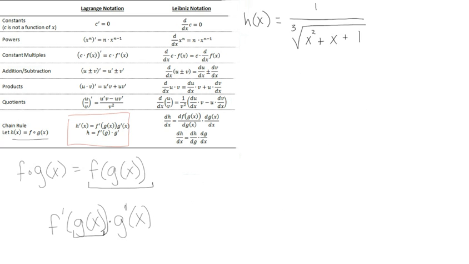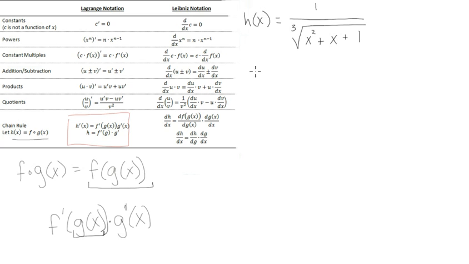So let's try this next one. I'm again going to think through how I can write this as the composite of two functions. This time I'm going to write f as a function of y rather than of x, just to make it clear what's going on. As I think about this function h of x that we have here, I can break it down into two pieces. I know that I can rewrite this cube root as a negative exponent.